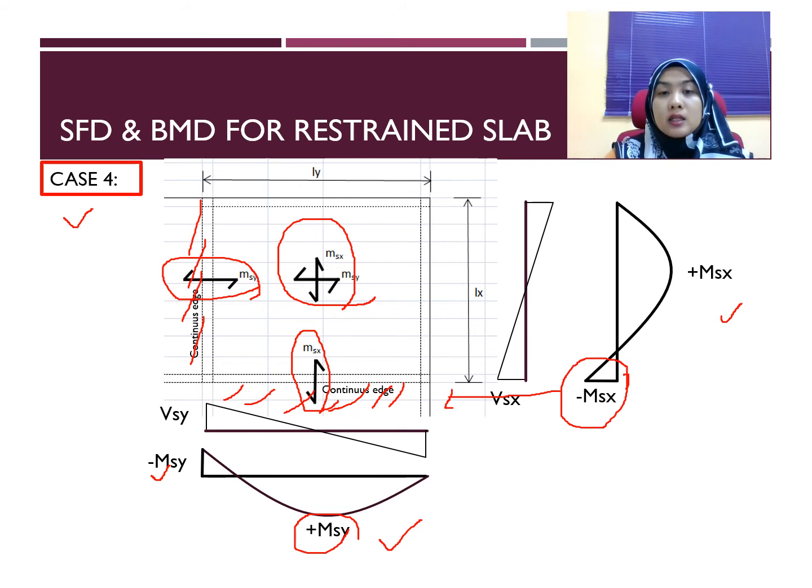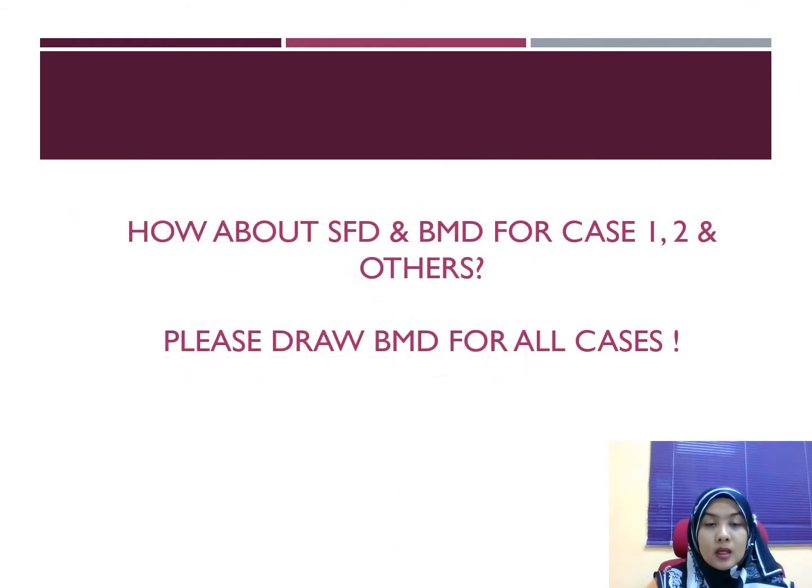The other side is discontinuous, so this one is 0. Then you have a moment at the center. Okay, so how about the shear force diagram and bending moment diagram for the other cases? You have to draw for all cases. Okay, so I need to see the BMD and SFD diagrams for all cases.